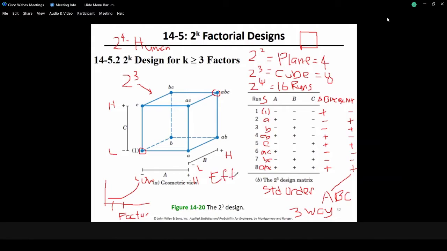Then calculate the sum of squares using this kind of configuration. This is very interesting, guys. Because if you understand this concept, then you will understand the 2 to the K full factorial designs. This is the basic fundamental theory.